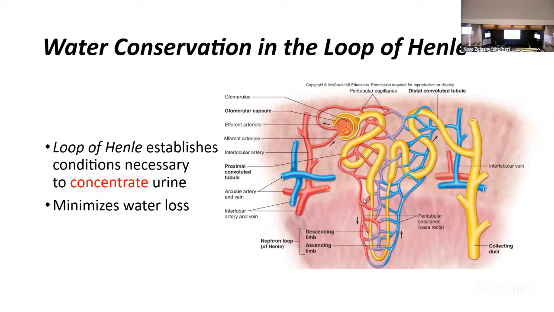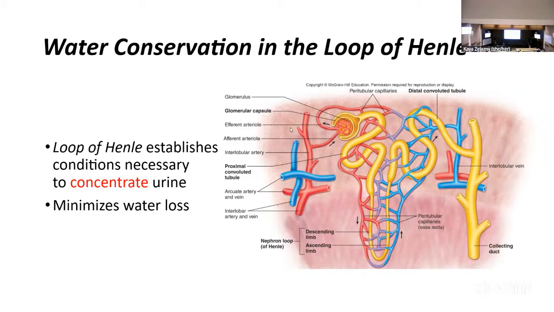So what this does is it establishes conditions in the kidney necessary to concentrate urine, meaning it's going to actually change the properties of the kidney. And specifically, it's going to be changing the osmolarity and the osmotic gradient of the kidney as we move through the kidney so that we can use that osmotic gradient to reabsorb even more water when we want to.